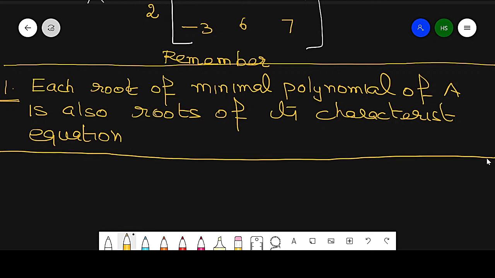Second, if the roots are distinct, then the minimal polynomial is the same as the characteristic equation.